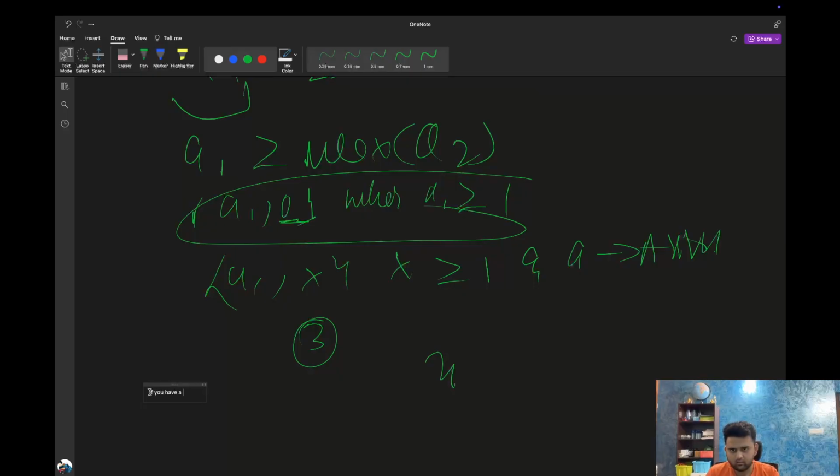if you have a 0 then to its left will always be a non-negative number, positive number.